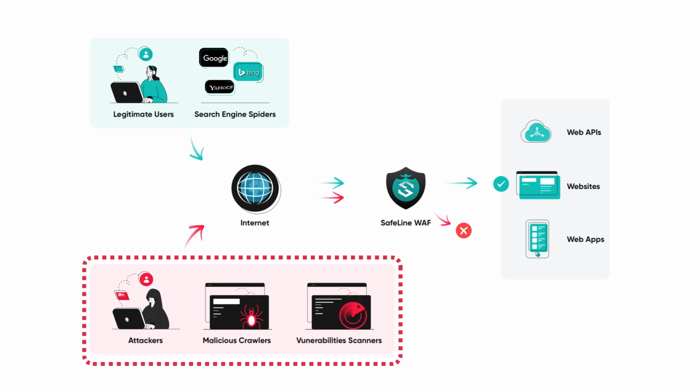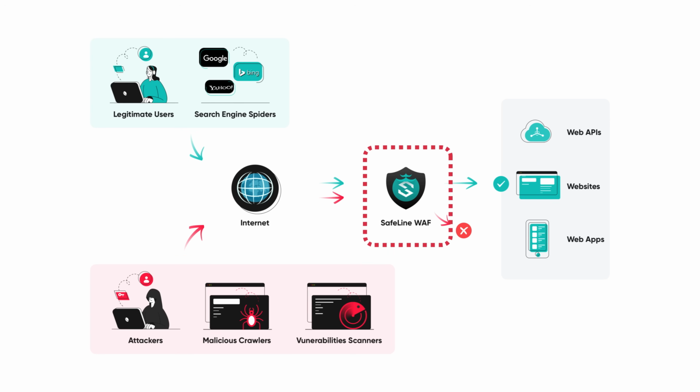But you also have attackers, malicious crawlers, and vulnerability scanners. This is the traffic you need to block. SafeLine sits in the middle, analyzing every single request. It uses a set of security rules to instantly identify and block malicious attacks, while allowing good traffic to pass through seamlessly to your applications. In short, it acts as an intelligent shield, and the dashboard we're about to see is the control panel for that shield.